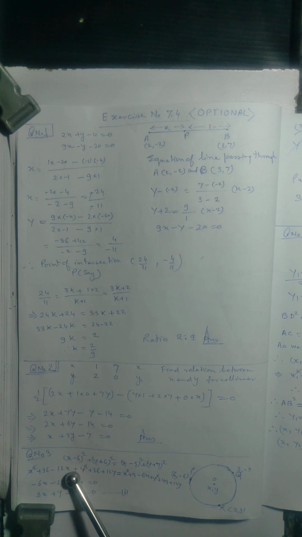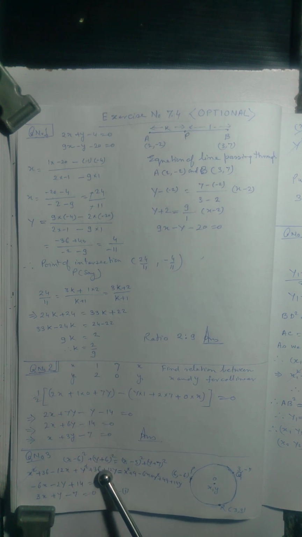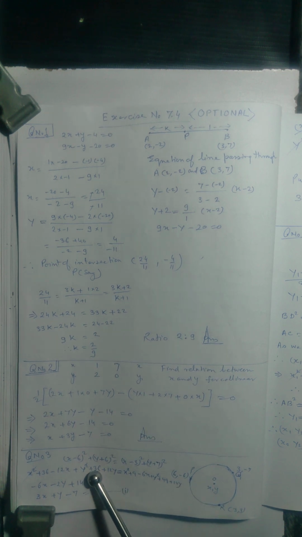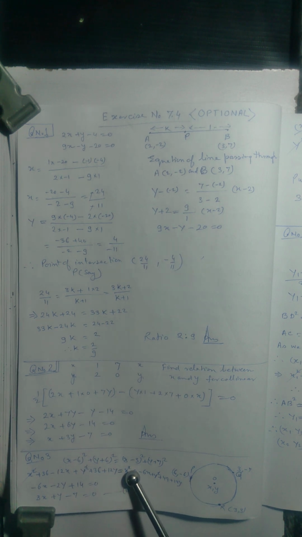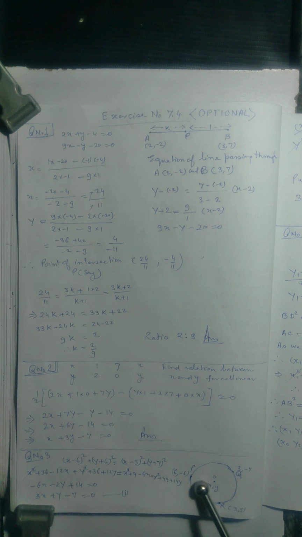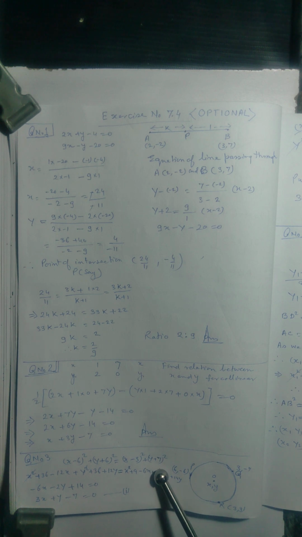So x minus 6 whole square plus y minus 6, that is plus 6, whole square will be equal to x minus 3 plus y plus 7 whole square.